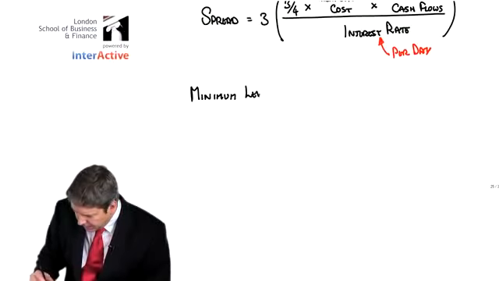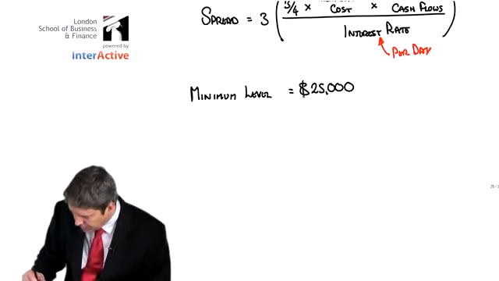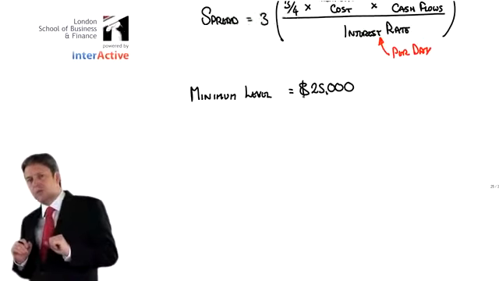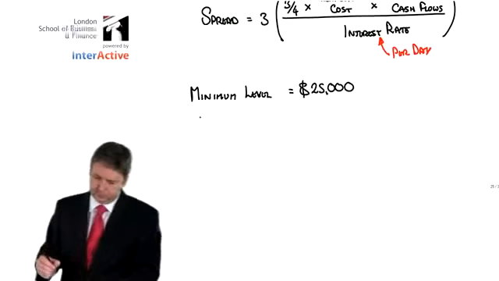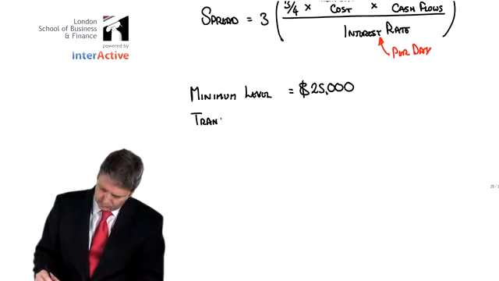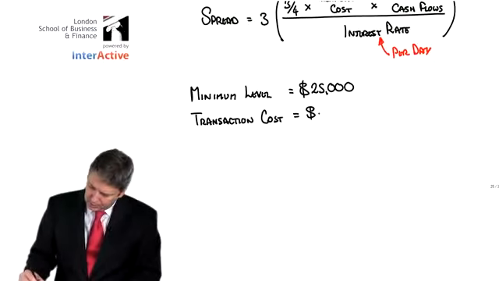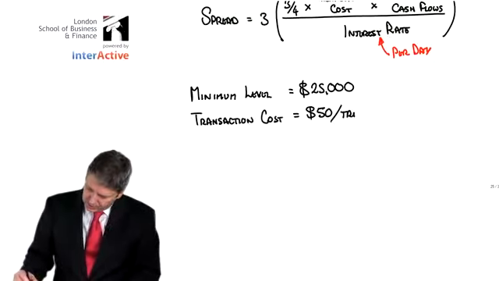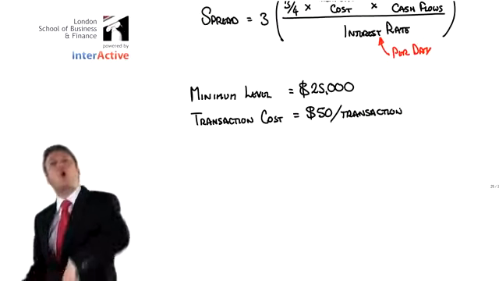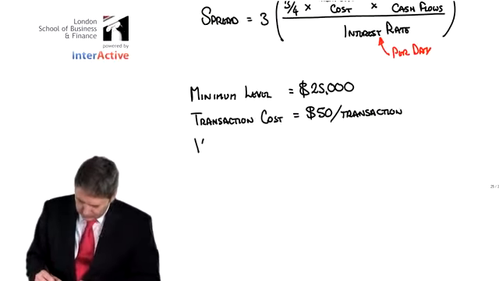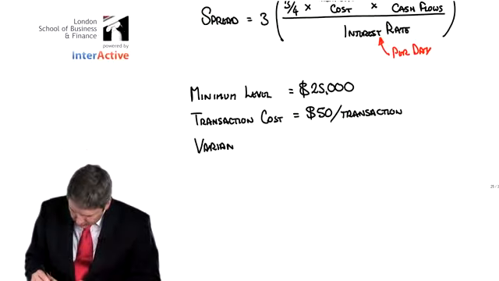You have to be given the minimum level. Let's say the minimum level is $25,000. Yes? This is nothing to do with Miller-Orr. It will always be given. The transaction cost equals $50 per transaction. You know, every time you encash or invest money. The variance is $250,000.